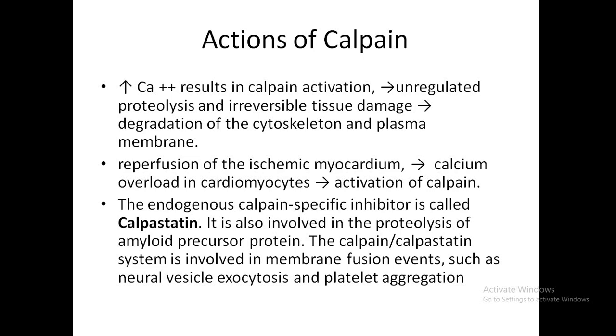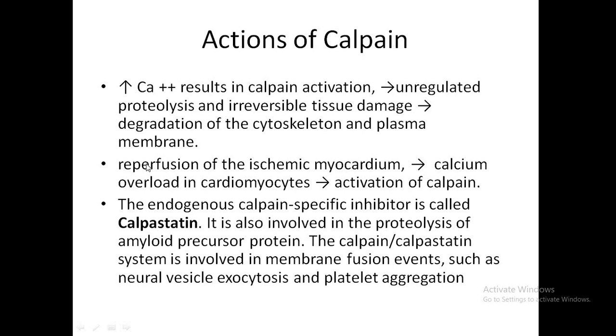The actions of calpains are as follows. Any increase in intracellular calcium results in calpain activation. Unregulated proteolysis and irreversible tissue damage result when the calpain is activated, and this leads to degradation of the cytoskeleton and plasma membrane.